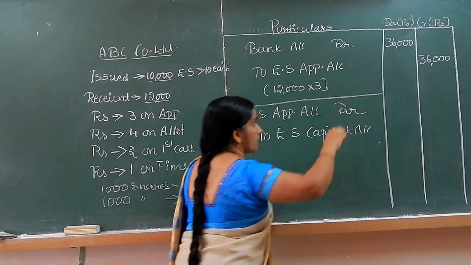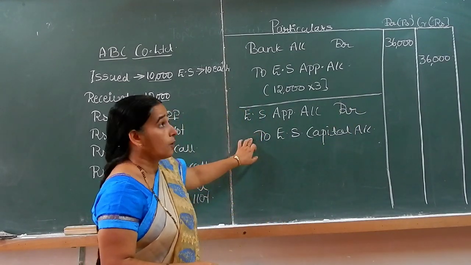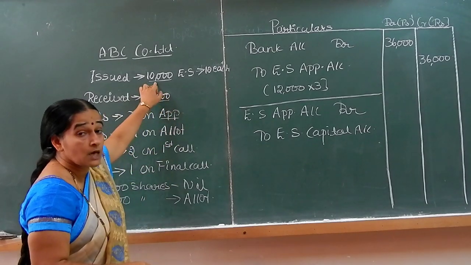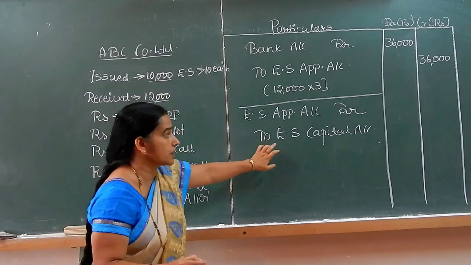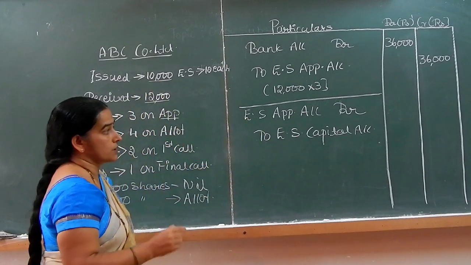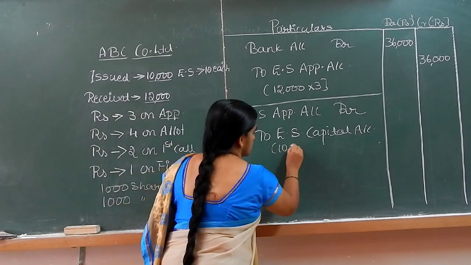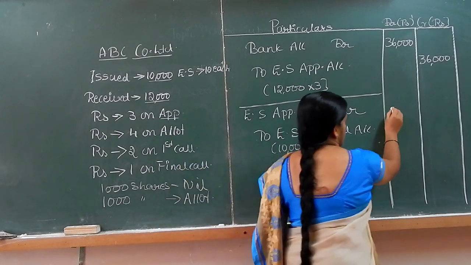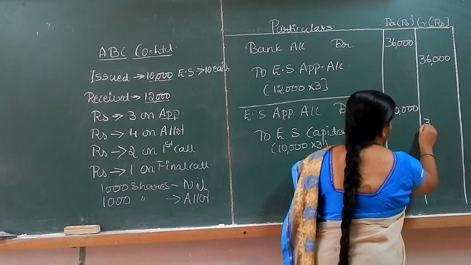Now the entire amount will not be transferred, because how many shares are issued to the public? Only 10,000. Ten thousand shares' application money will be transferred to share capital, and the amount is 10,000 into 3, that is 30,000.